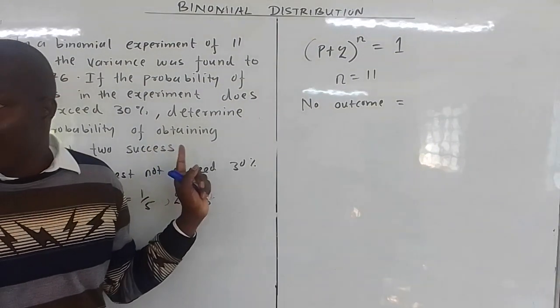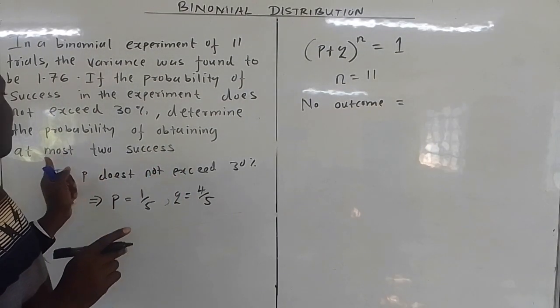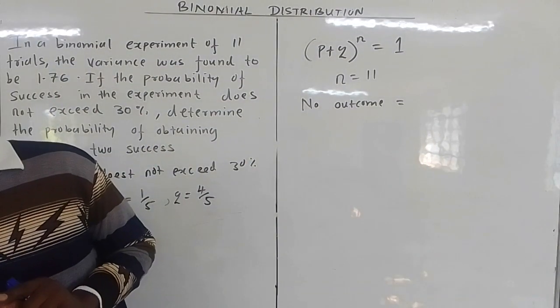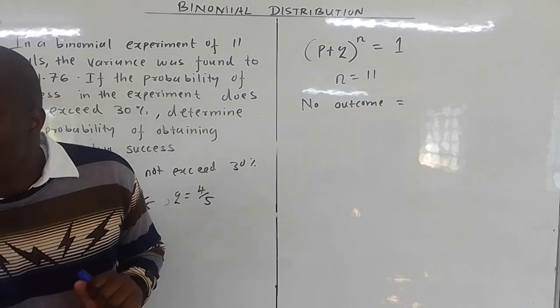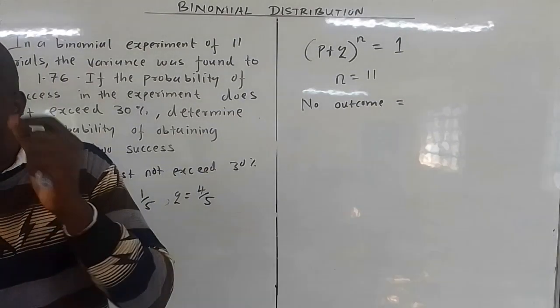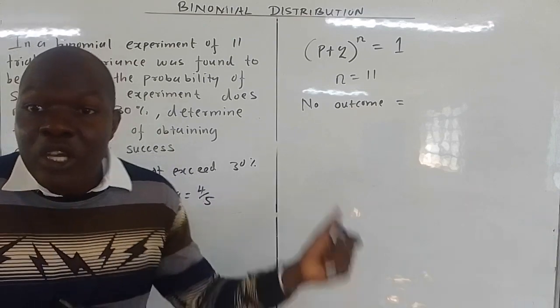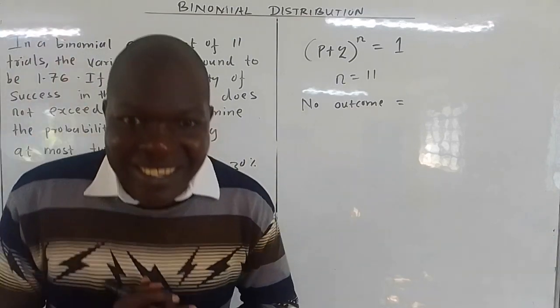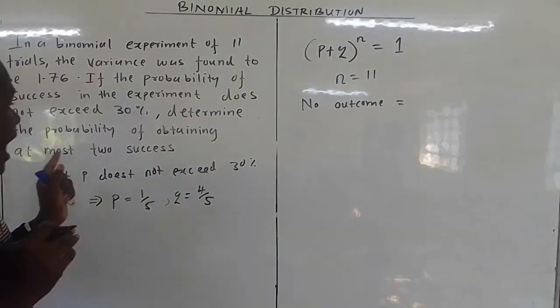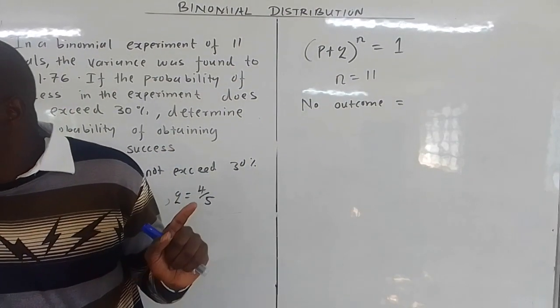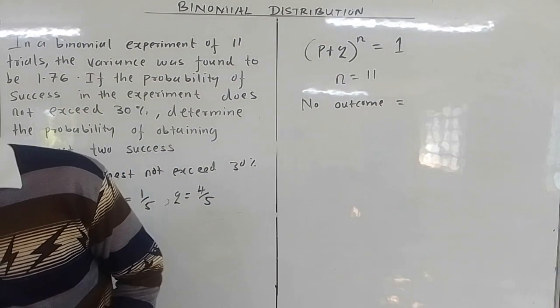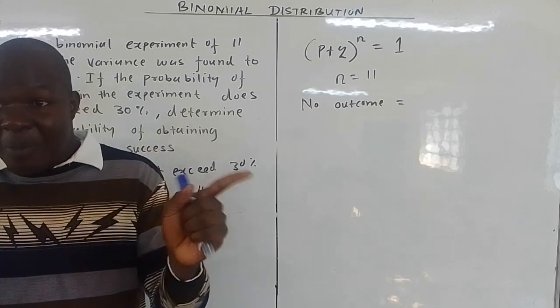So when they say at most 2 failures, Q is now the reference, and we are looking for the powers of Q. Because in our case, P is defining the success. So when they are talking about success, we are looking at the power of P. The moment they say at most 2 failures, Q is defining failure, so we look at the power of Q. Are you getting how to deal with binomial?